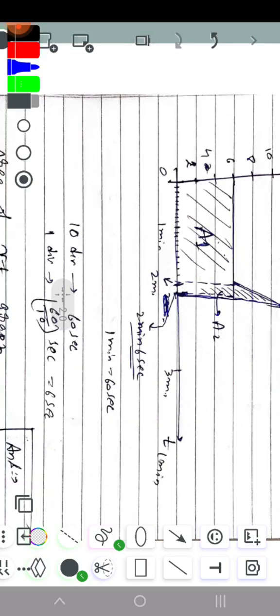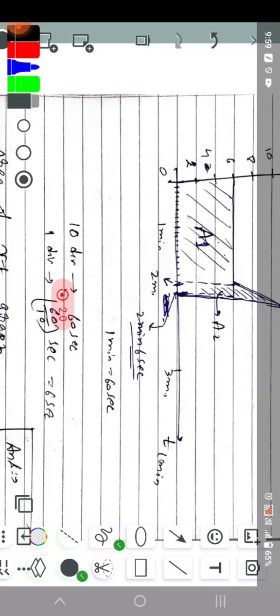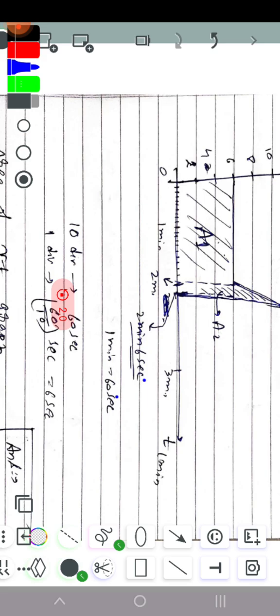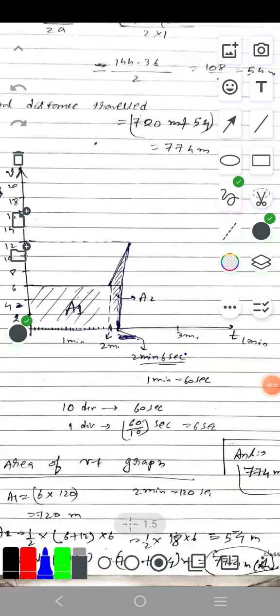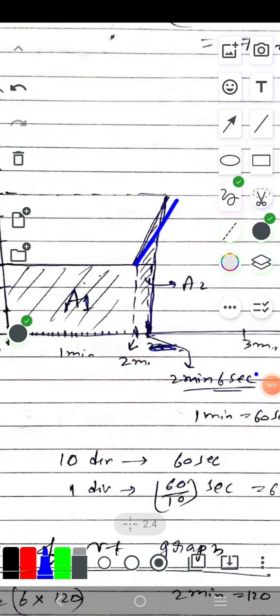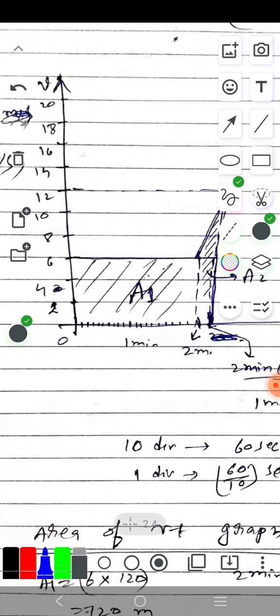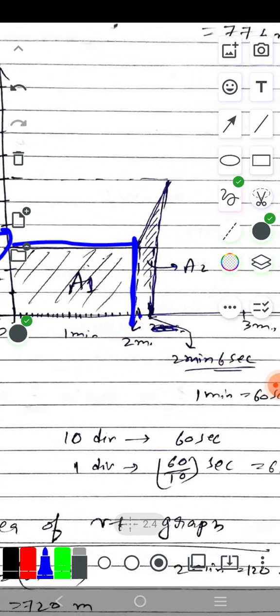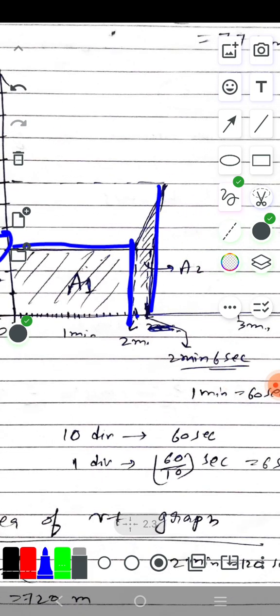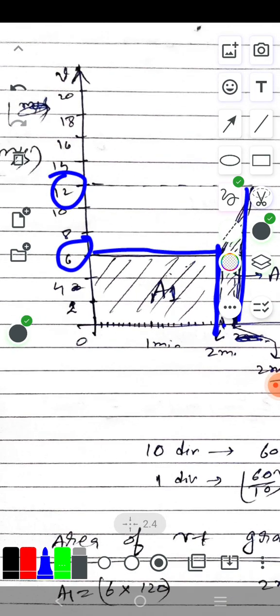So here you see, this is a trapezium. Why trapezium, sir? Because at 2 minutes the velocity was 6 meter per second, and at 2 minutes 6 seconds, that means after 6 seconds, a velocity of 12 meter per second was achieved.